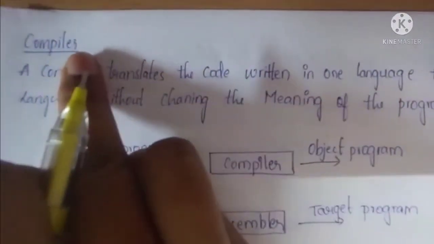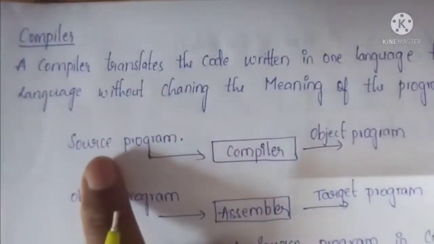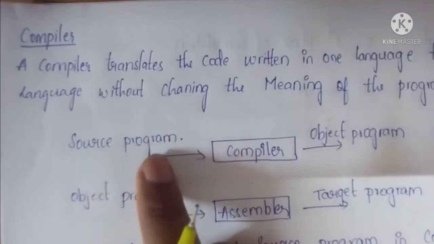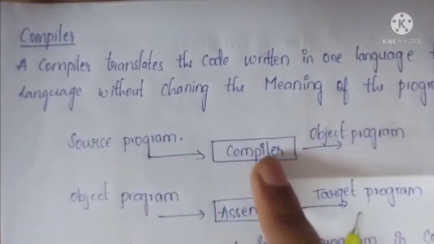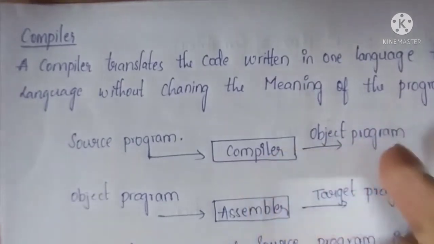In compiler design, first it is going to take the source program. The source program is nothing but a program which we are writing in the English language. That program is taken as an input to the compiler. What will the compiler generate? The compiler will generate the object program.